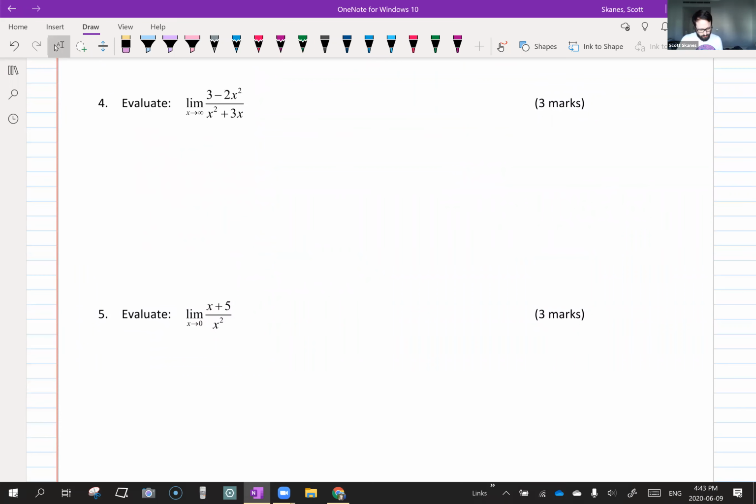In this case, we have infinity. So what you'll notice, hopefully, if you try to do this directly, you'll end up with infinity over infinity form. And if we get infinity over infinity form, what we're going to do is divide by the highest power in the denominator.